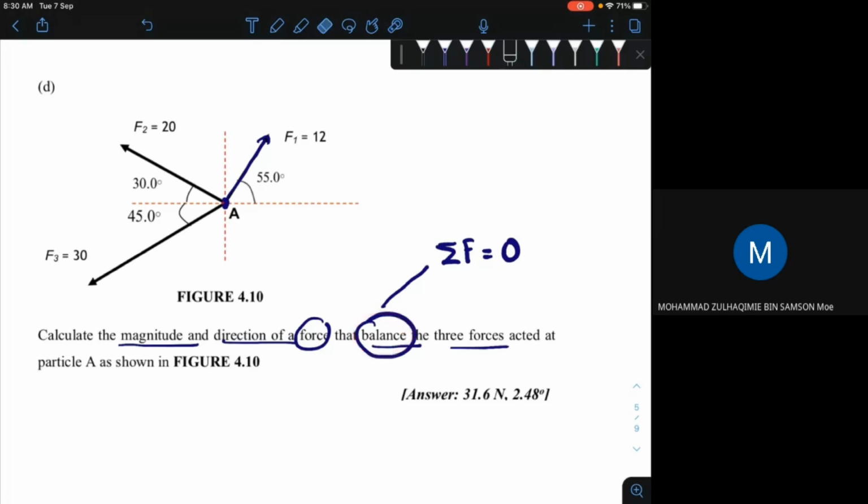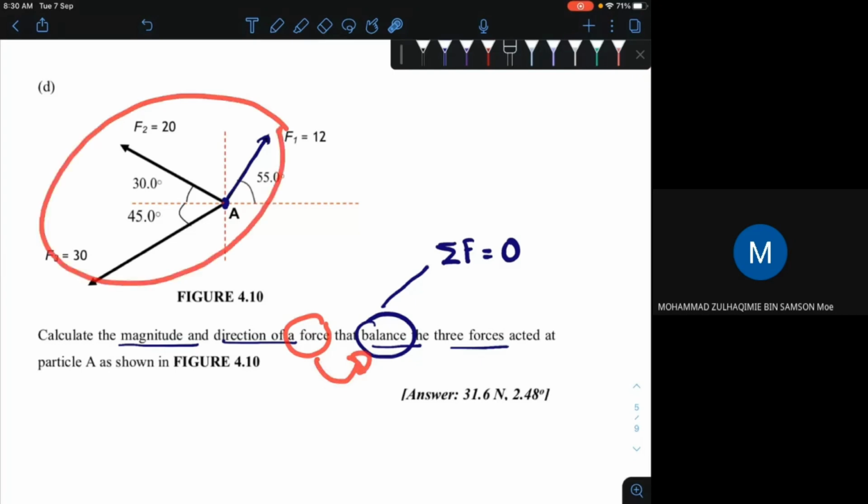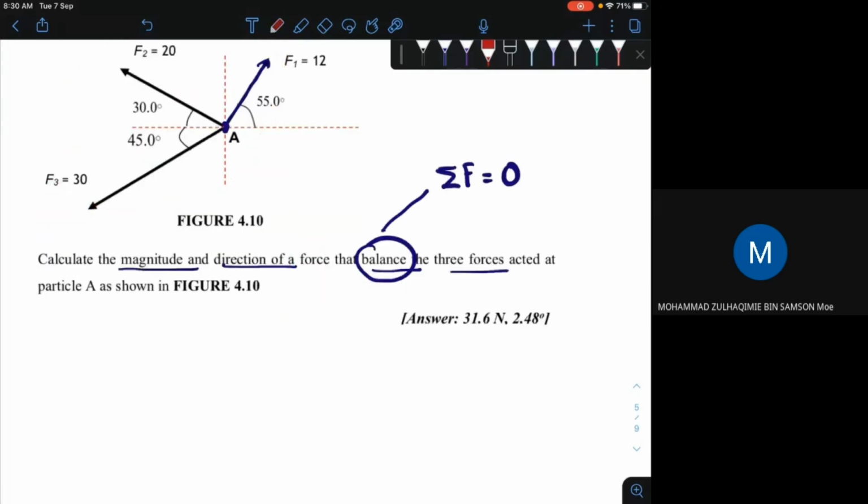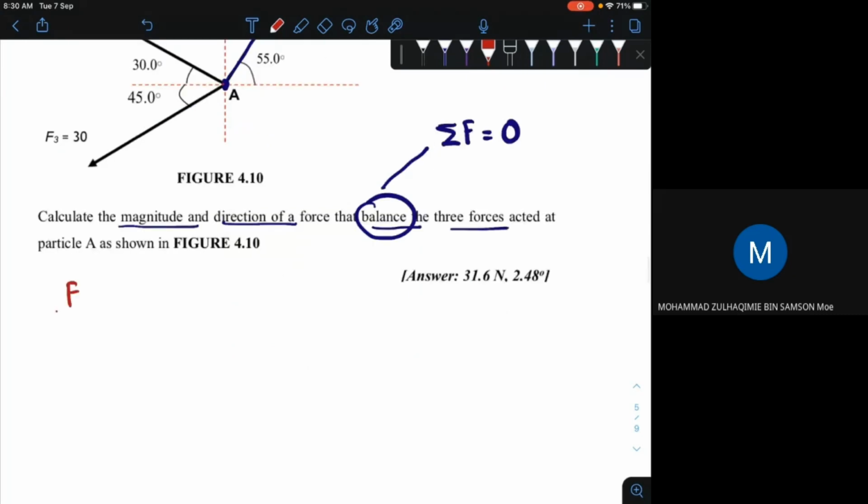So kalau kamu tengok dekat ayat sini, calculate magnitude and direction of a force. Okay, that balance the three forces. So kita nak satu lagi force yang dapat balance ketiga-tiga force ini. Okay, so for that, macam biasalah awak boleh buat dengan table. So akan ada forces, X component, Y component.